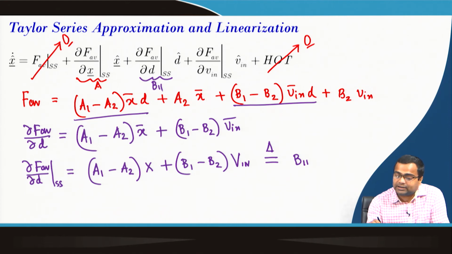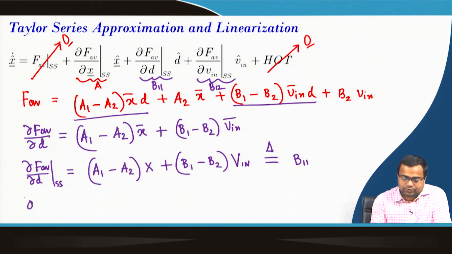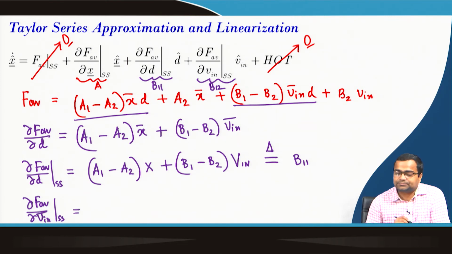Now, how can we find out B12? You can find out ∂F average with respect to ∂Vin by the same method. If we write down under steady state condition, what will this be? From this expression we can clearly write that it will be only the last term.